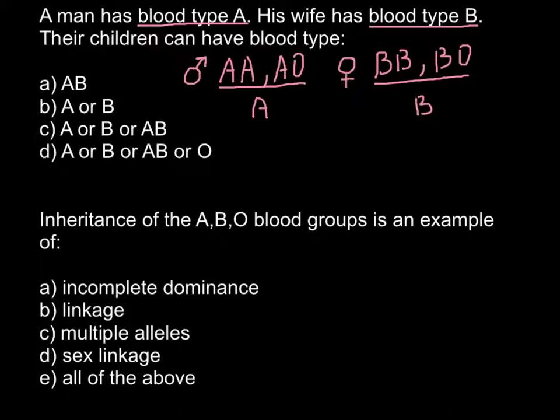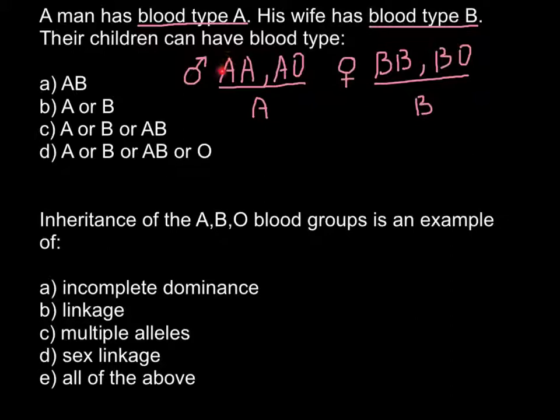So what can we get if we cross, for example, this genotype capital A, A with capital B, B? It is obvious that the only variant of such a cross would be capital A, B, as in answer A. And let's now consider what we can get if we cross capital A, A with capital B, O, and it's also easy.